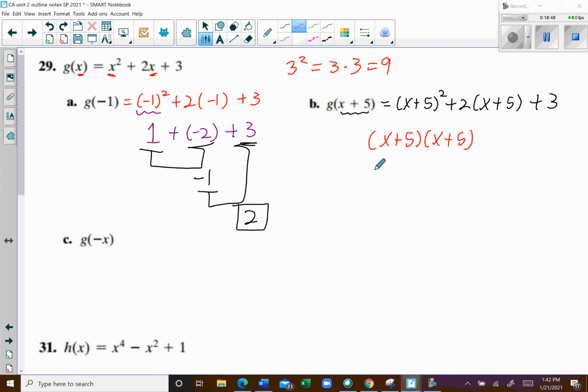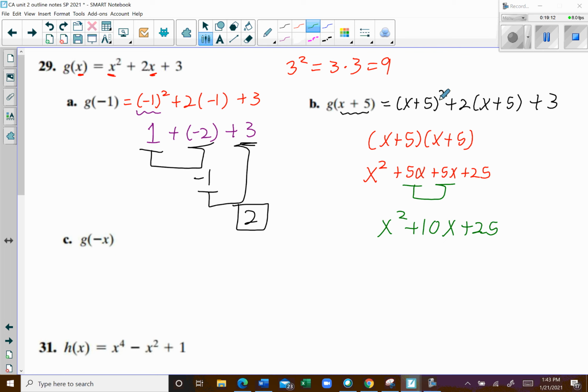So x times x is x squared. x times 5 is 5x. 5 times x is another 5x. And then 5 times 5 is 25. And then we'll combine those like terms in the middle. So we've got x squared plus 10x plus 25.